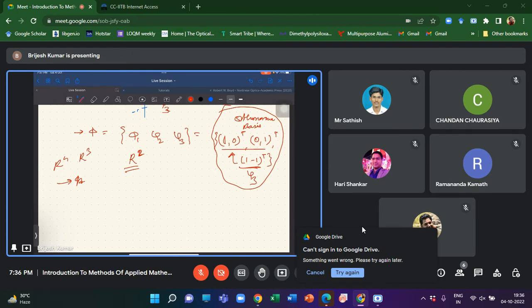Because this is two dimensional only, (1, 0), (0, 1), (1, minus 1), it is written as R2. If it is three dimensional, then it will be R3, with three components in the bracket. Similarly for Rn, it is n dimensional.